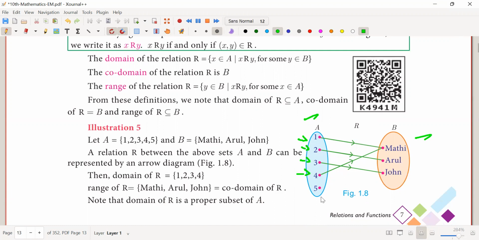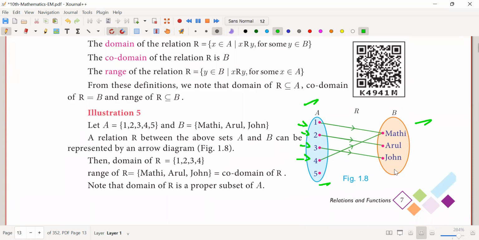See here, 5 is not related here at all. So 1, 2, 3, 4 is the domain. Then what is the codomain? It is the whole set B. If I have here Rahul and he is not related at all, he is still in the codomain.